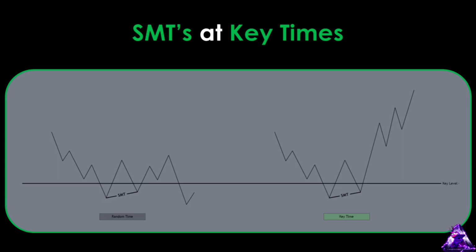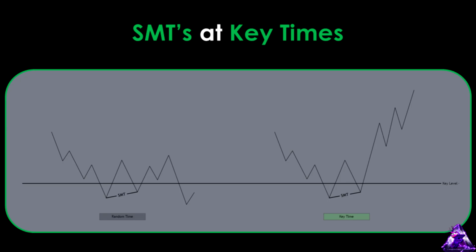In the second graphic on the right, you can see that price came down and tested the key level at a key time. Additionally, we had an SMT divergence form at a key time with a correlated asset. The correlated asset might have taken out the low it formed, but this one struggled to do so, which created the SMT divergence.